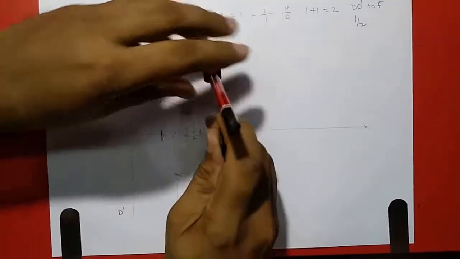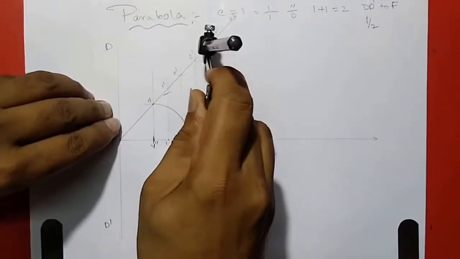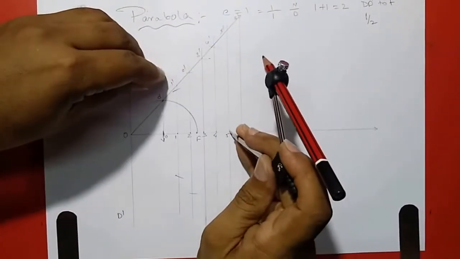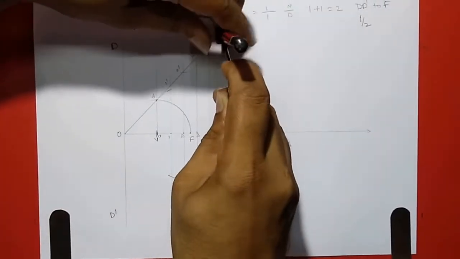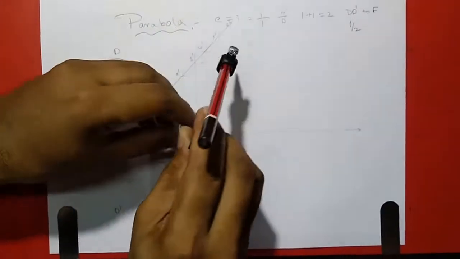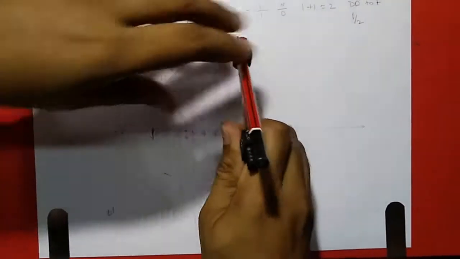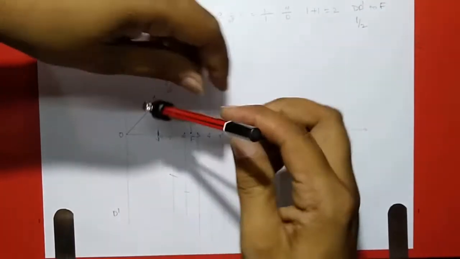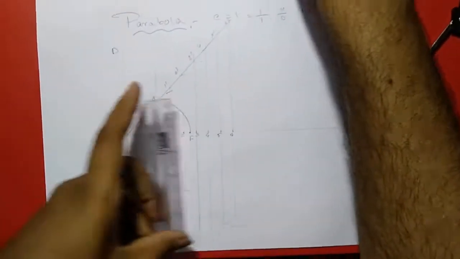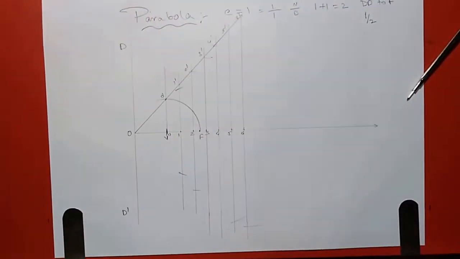Next 4, 4 dash. I'll be extending this because it has not touched. Right, you got the points.